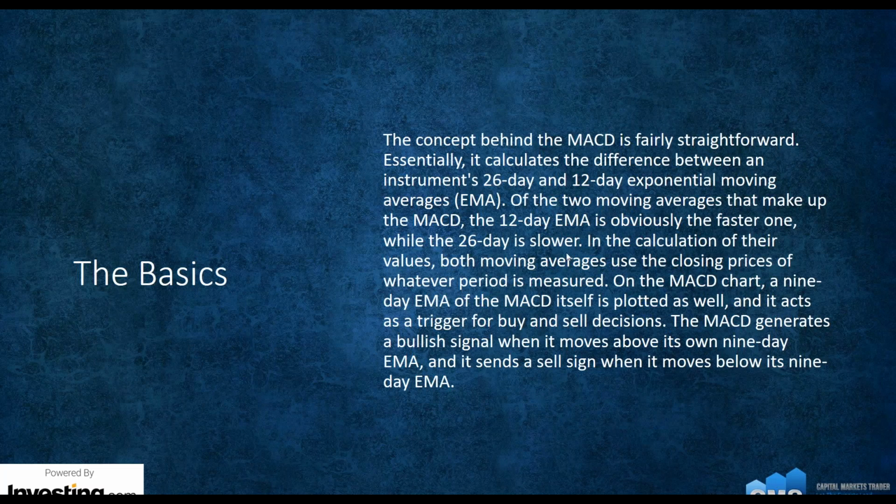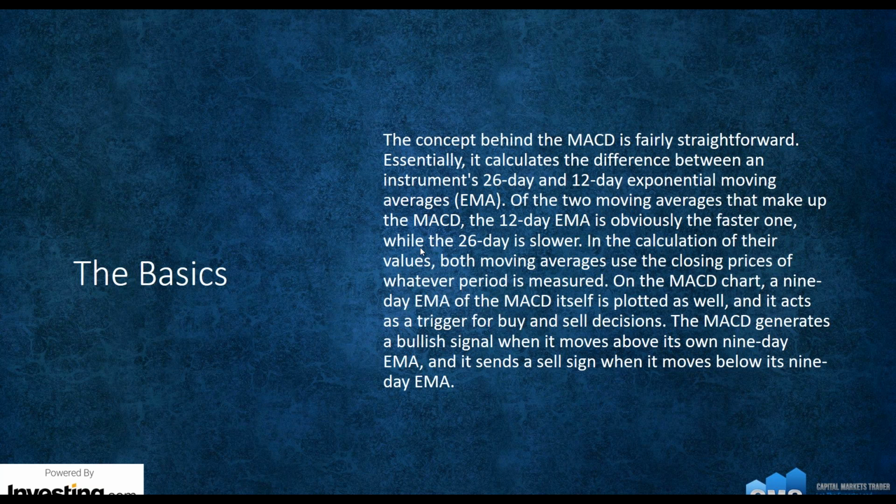Now, on the MACD chart, of the two moving averages that make up the MACD, the 12-day EMA is obviously the faster one, while the 26-day is slower. In the calculation of their values, both moving averages use the closing price of whatever period is measured.